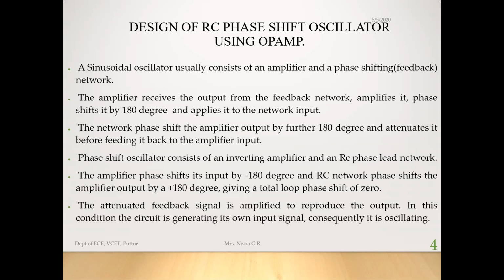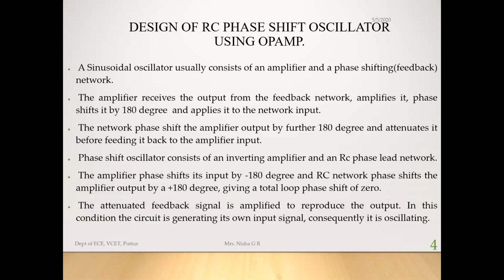Without an input, the output will continue to oscillate, whose frequency depends upon the feedback network and the amplifier network. Such a circuit we call an oscillator. Without the input, it is going to produce oscillations with constant frequency and amplitude.